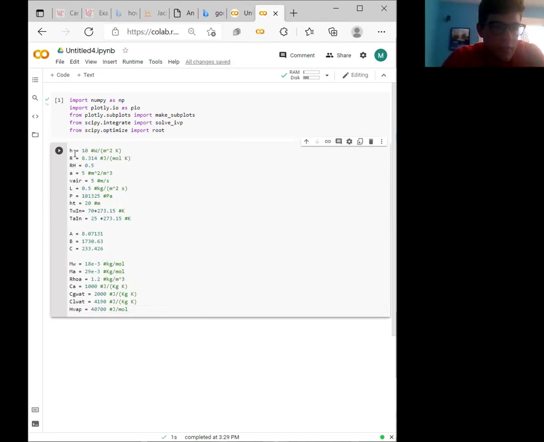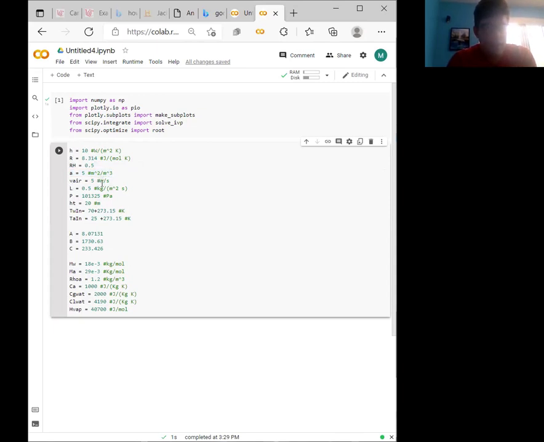So first of all, we have our heat transfer coefficient, and then we have the ideal gas law constant, 8.314 joules per mole Kelvin. This is the relative humidity given in the problem. This is the cross-sectional area.